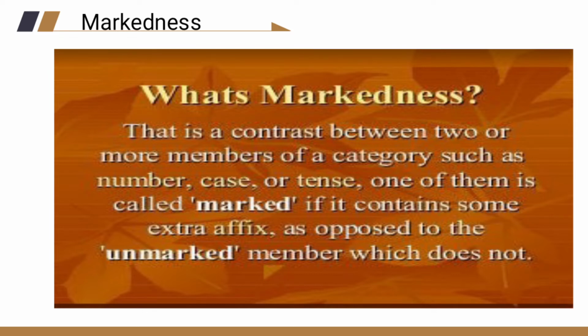These categories are, again, number, case, or tense. One of them is called a mark, and the term itself contains an affix. An affix can be a prefix or a suffix. A prefix is an addition before the root word, but a suffix is an addition after the root word.